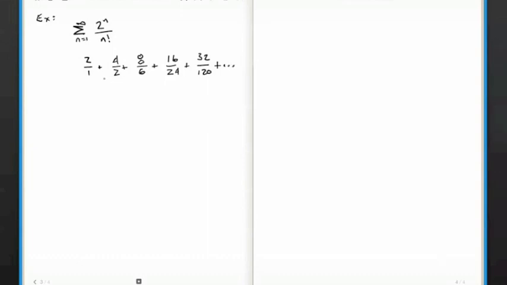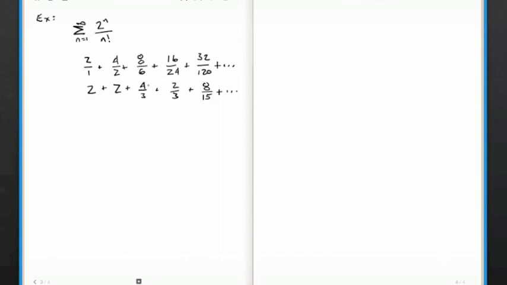I'm looking from one to the next here, and I don't see any obvious common ratio. Let's simplify these: 2 plus 2 again, plus 4/3, plus 2/3. Now at least we're under 1, plus 8/15, plus dot dot dot. Well, that certainly didn't clear anything up at all.